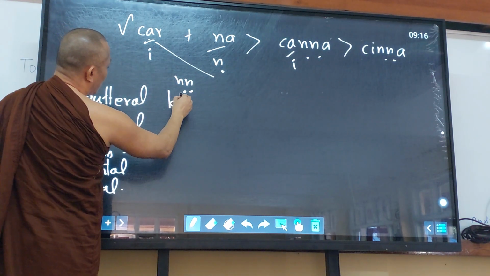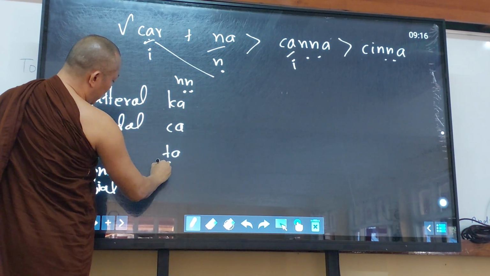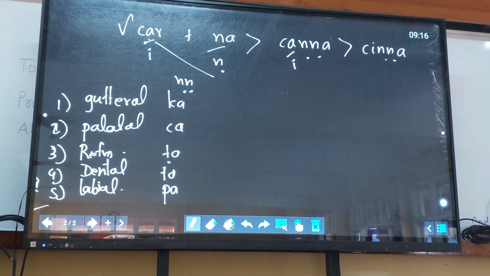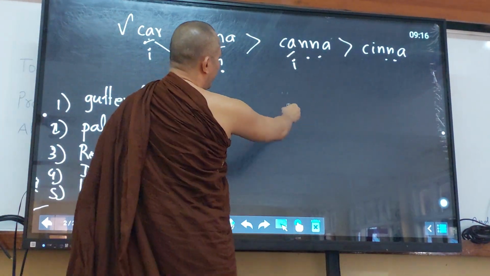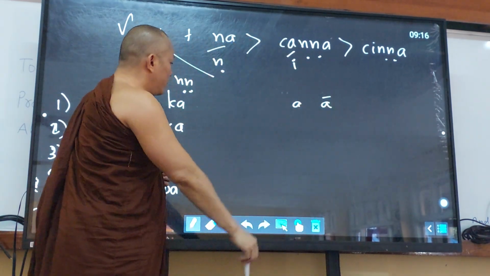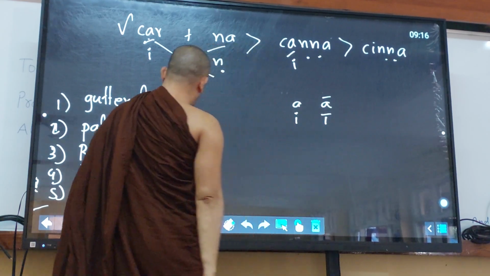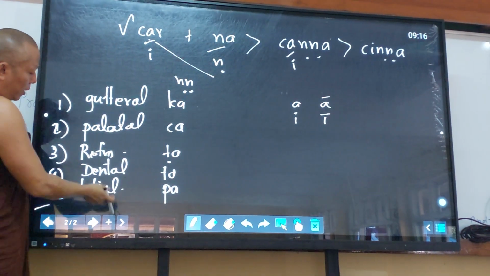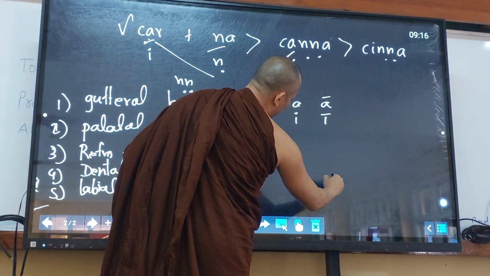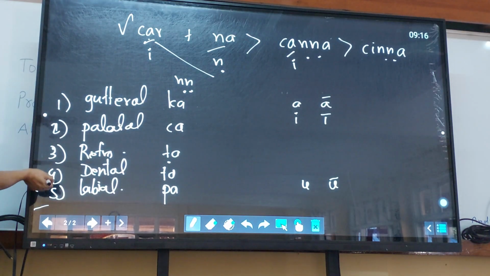In this way, Ka, Ja, Da and Ba. The vowel system also at the very beginning: A is a kind of guttural, E is a kind of palatal, and also U, a kind of labial. So these two are missing.